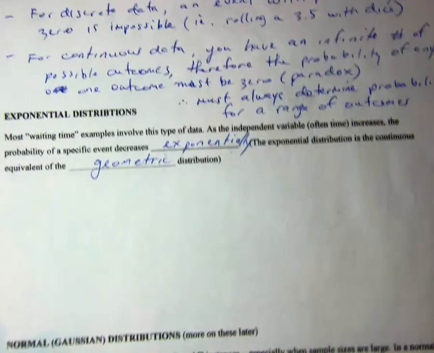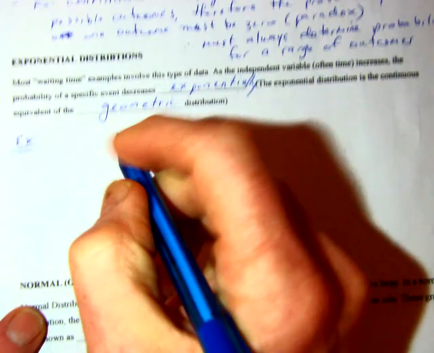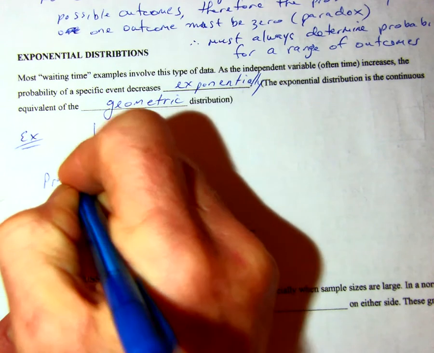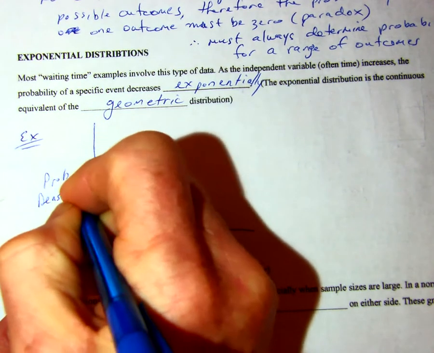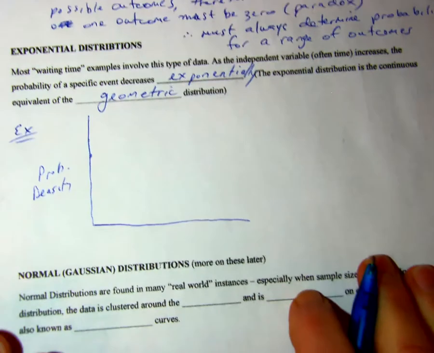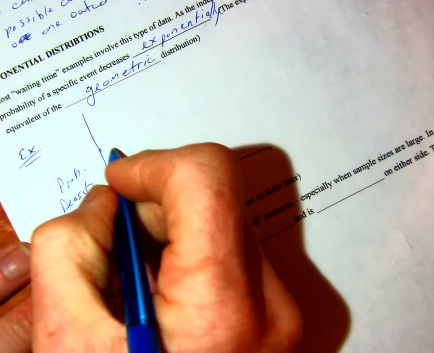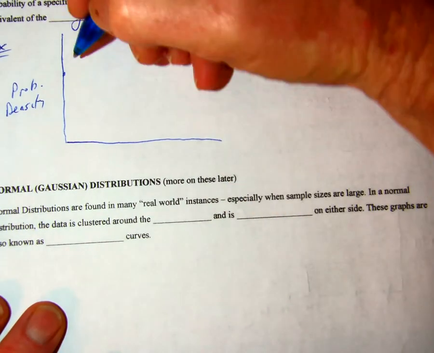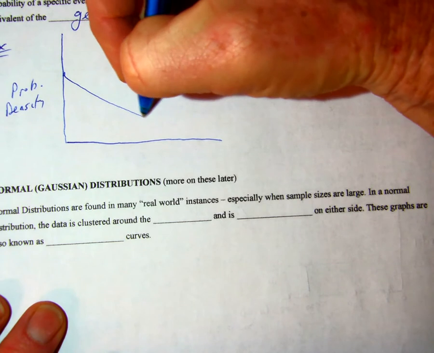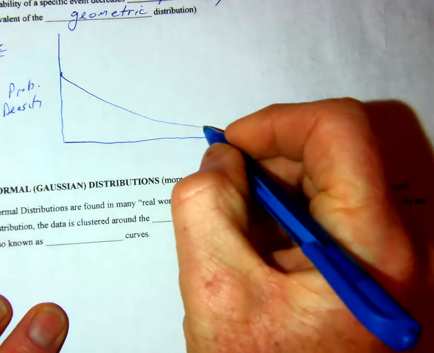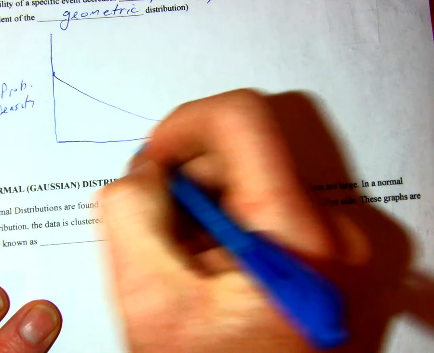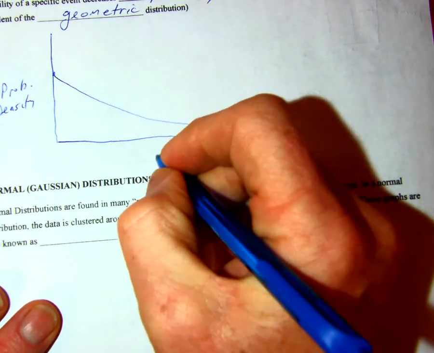All right. So an example would be, again, we'll do probability density, and the probability of something happening decreases over time, and it looks something like that. It's just like the continuous version of what we did with geometric, and this would be the waiting time.